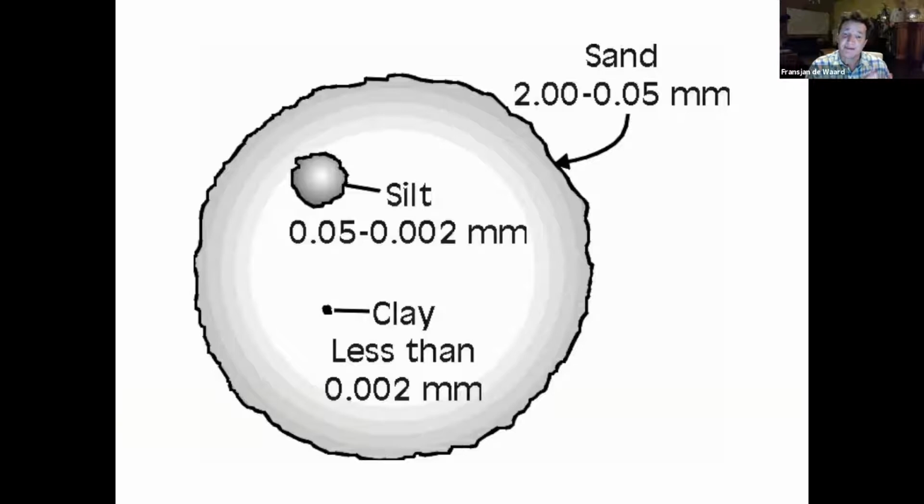And the 3 categories of size that we find most interesting are shown here. Sand is the largest one. Then we have silt, which is a general term for a large group. And then we have clay. So this is all very briefly the physical matter that is part of what we call soil.